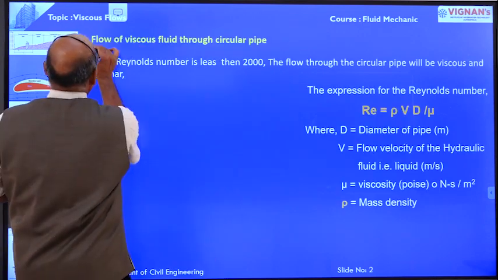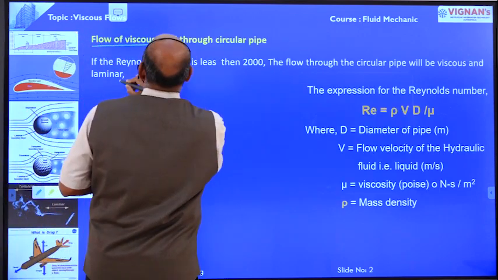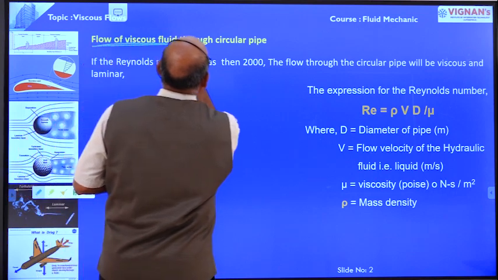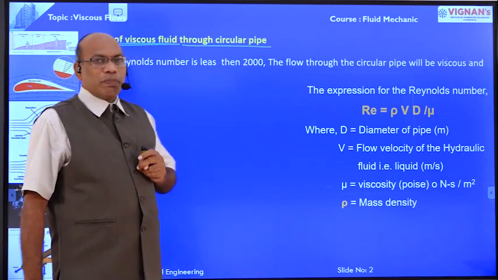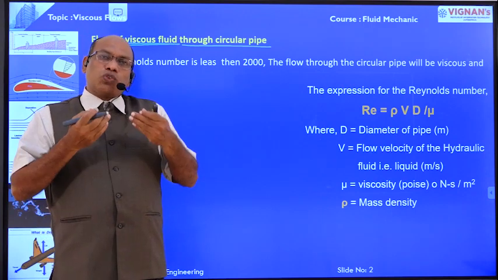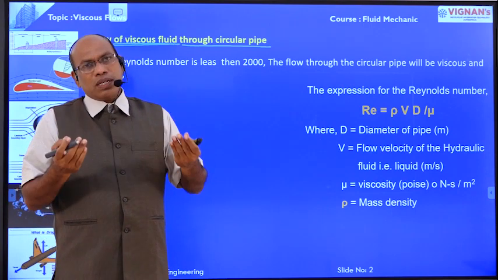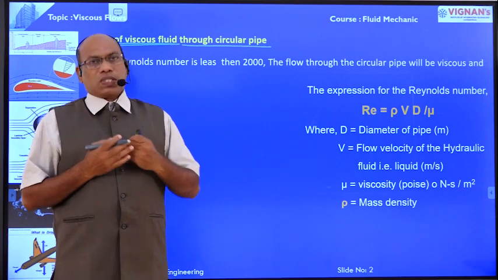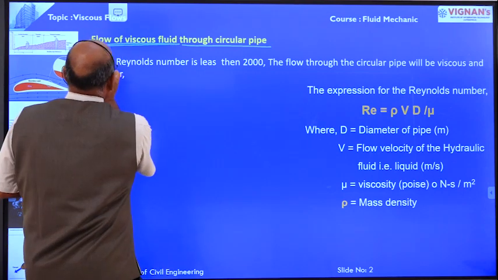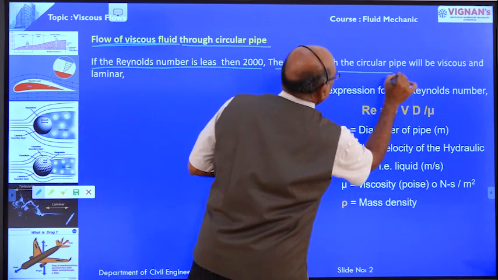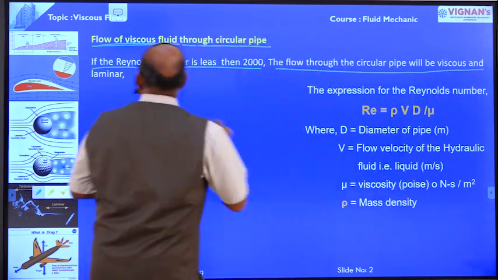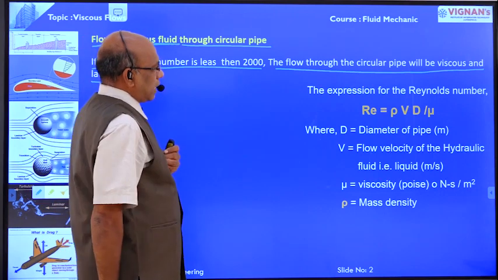First one, flow of viscous fluid through a circular pipe. Viscous fluids means that if the Reynolds number is less than 2000, the flow is laminar or viscous flow. If the Reynolds number is less than 2000, the flow through the circular pipe will be viscous and laminar, right? This is clear.